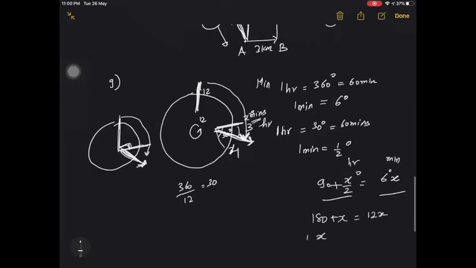So 11x is 180. So x will be 180 by 11. If you divide it, 170 gives you 16 4 by 11 minutes past 3. So the first is the correct answer.